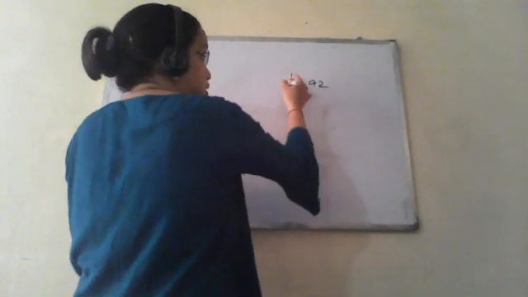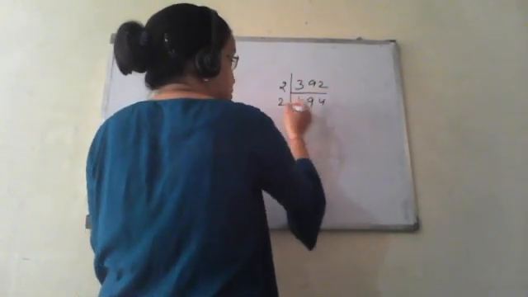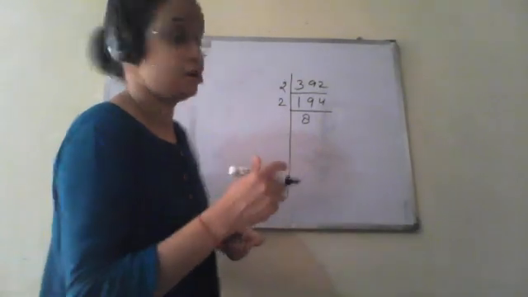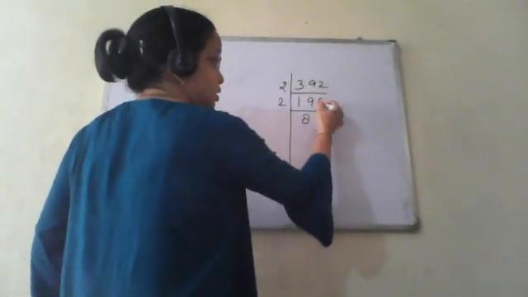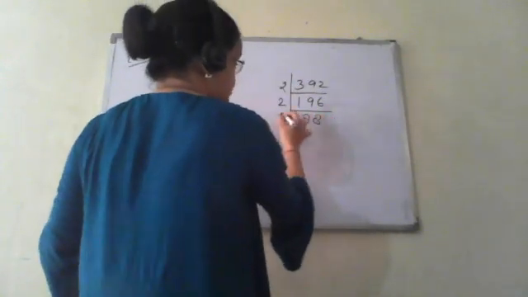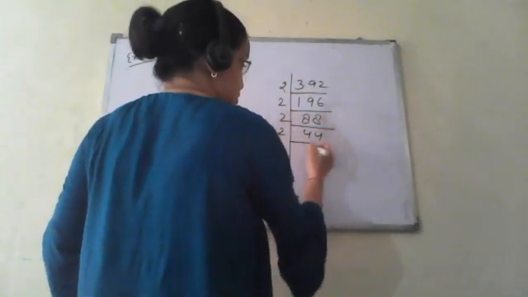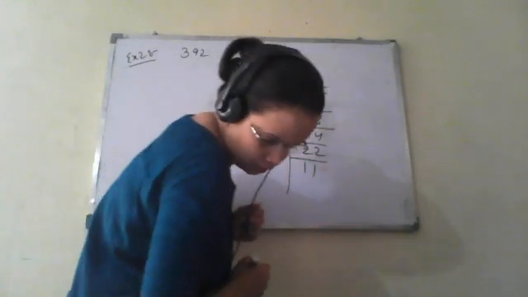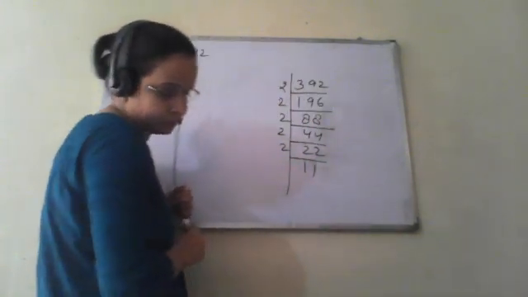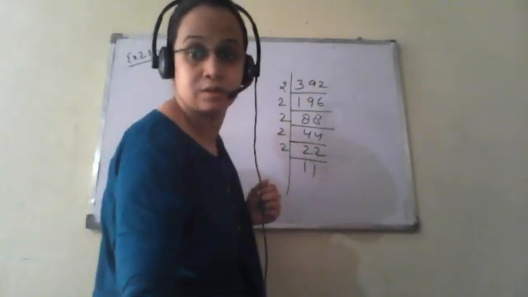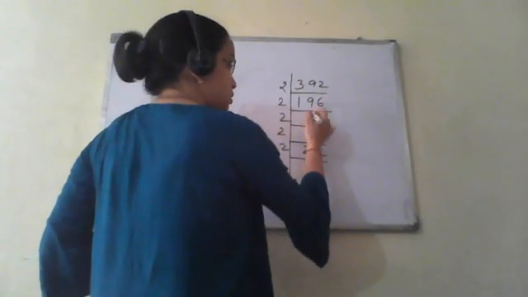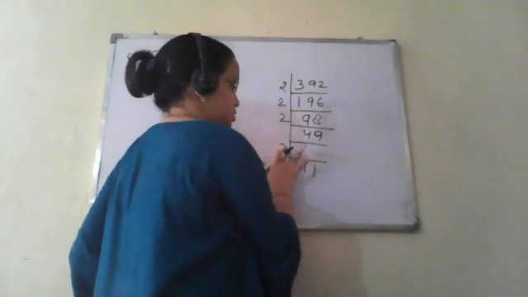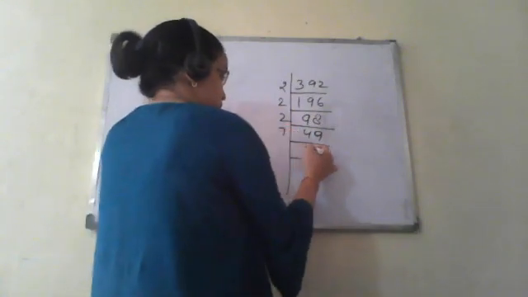So this is 196, this is 98. Sorry, I made a mistake; this should be 98 here, and this will become 49, and this will be 7 here.